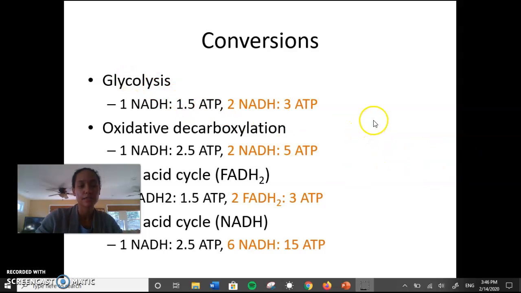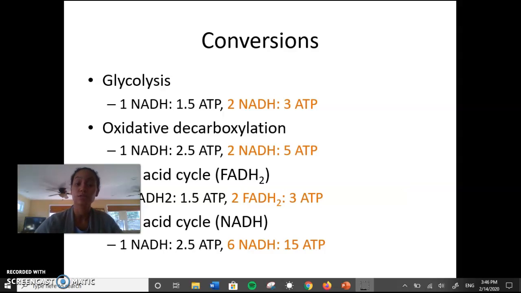So with glycolysis, for 1 NADH, 1.5 ATP are formed. And so with 2 molecules, you'll have 2 NADH and 3 ATP in full. So we'll use that principle throughout, just doubling for each product. In oxidative decarboxylation, you have 1 NADH, which yields 2.5 ATP.